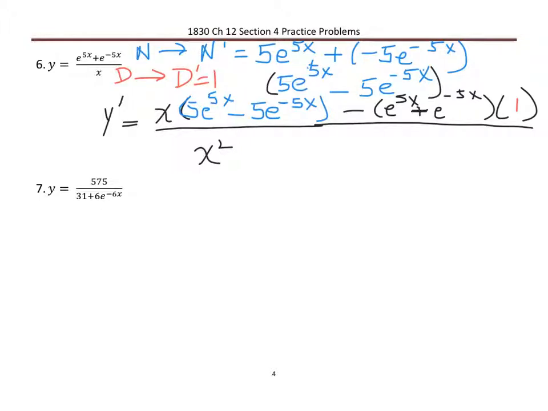And so our y prime actually simplifies. We have e to the 5x multiplied by x, and then negative 5e to the negative 5x multiplied also by x.